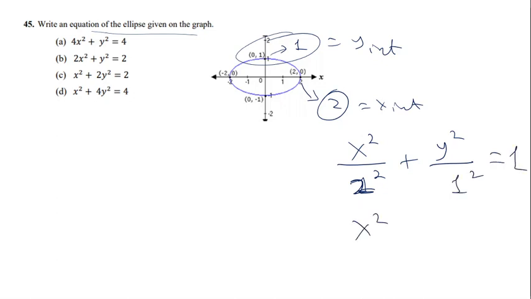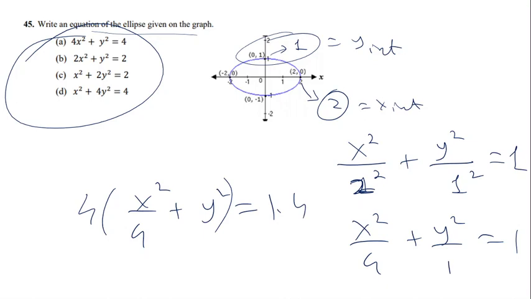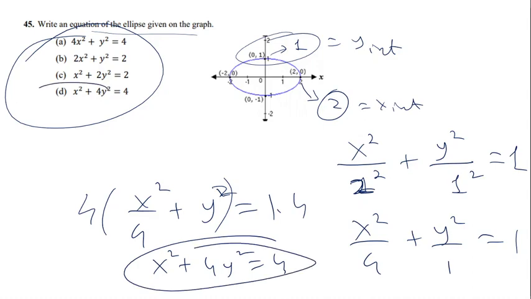So it will be x squared over 4 plus y squared over 1 is equal to 1. This is not among the choices here, so we have to do some manipulation. Just multiply by 4, so you'll get this one.